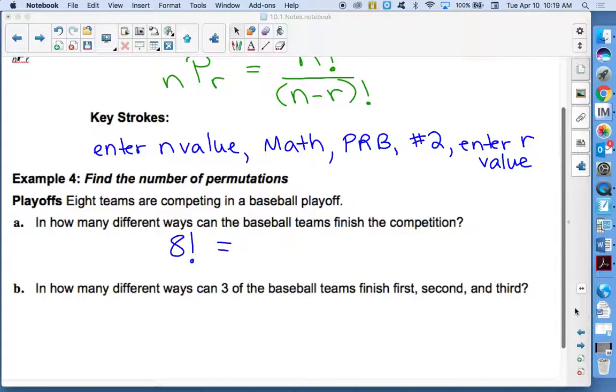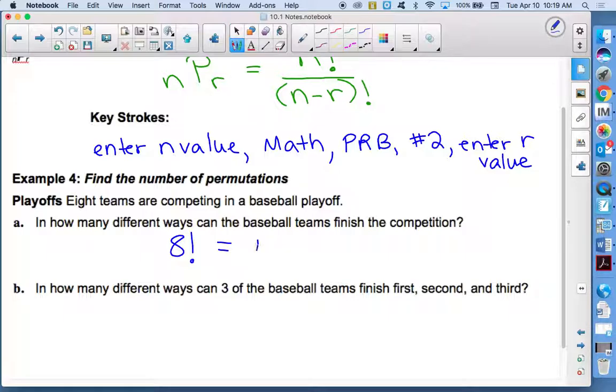But it's 40,320 ways. So 8 teams could finish in 40,320 different ways, which is crazy. That's like a whole bunch of options.